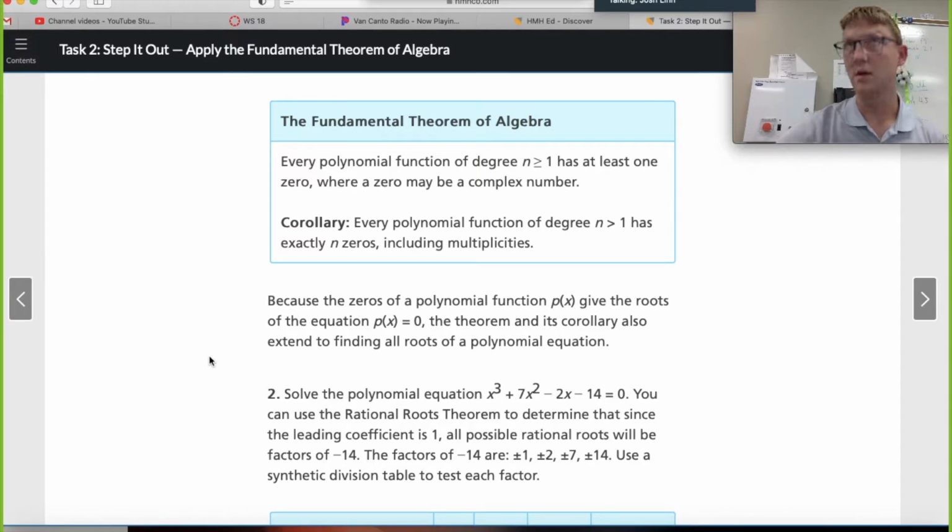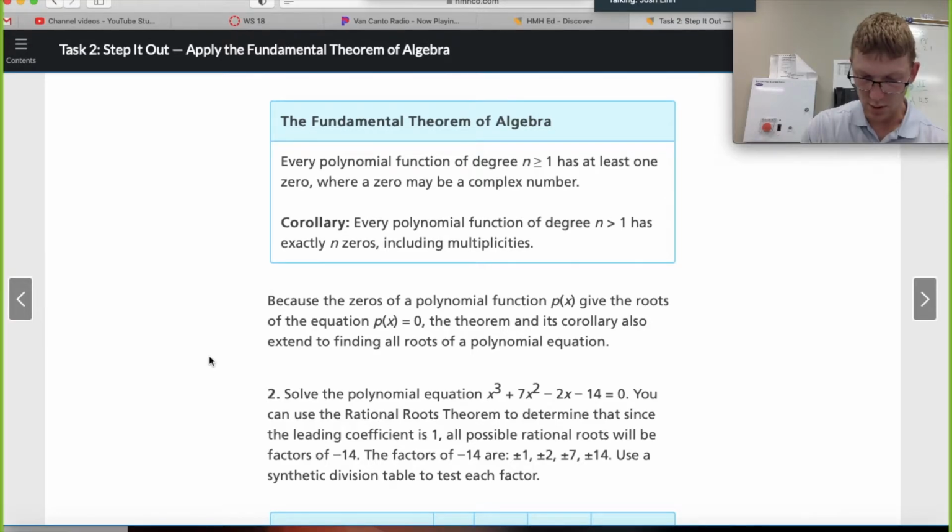So with the synthetic division. We know that the leading coefficient is 1. Therefore, all real rational roots are going to be a factor of negative 14. And they are listed right here. So at this point is where you would set up your little table.